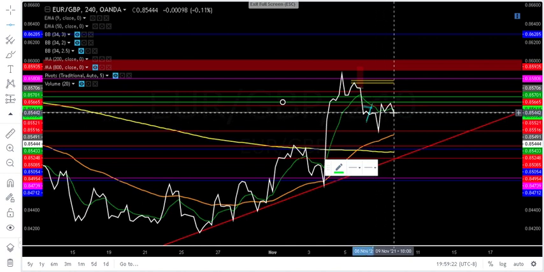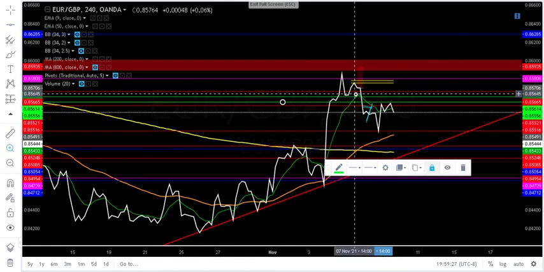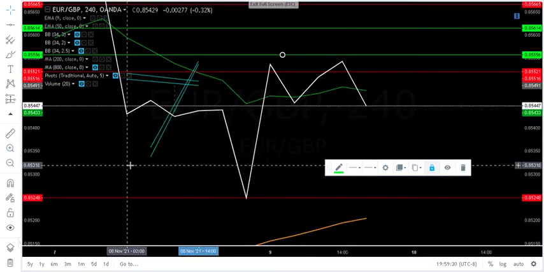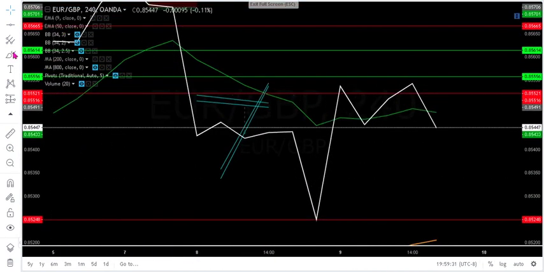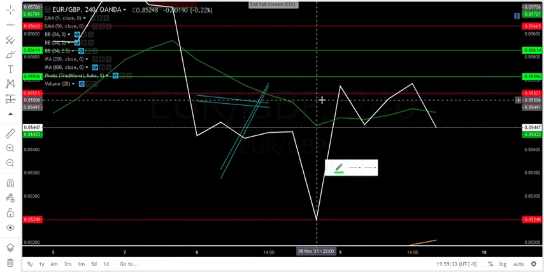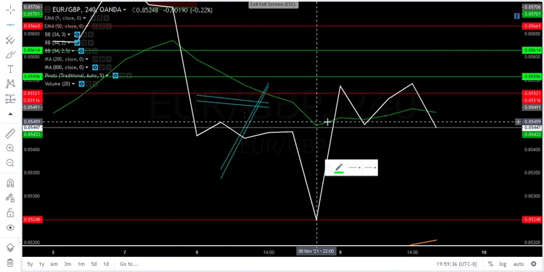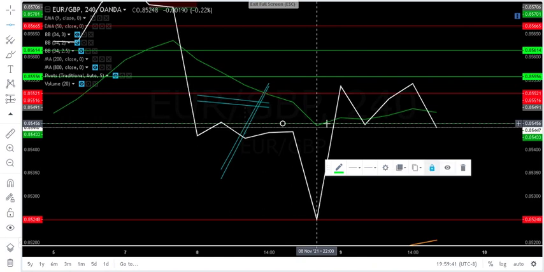Actually, right now, price is literally at an indecision level, damn near. Let me zoom in. I don't know what's going on with price because I haven't analyzed it just yet, but it's right at the indecision level. So it's good to zoom in and actually draw these lines, which I haven't been doing.